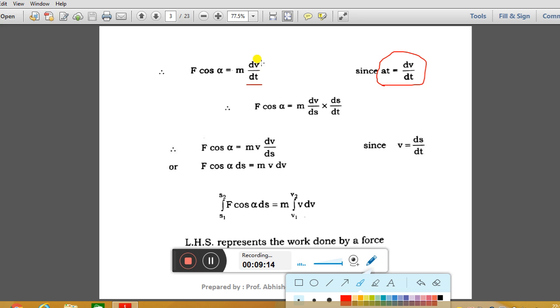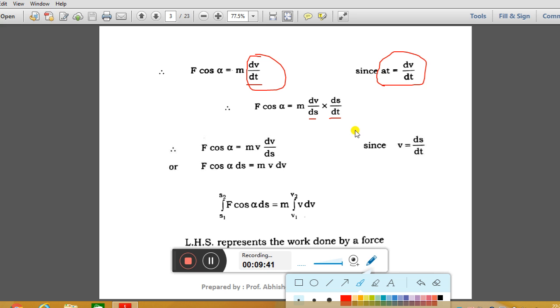Now this dv by dt factor can be written as dv by ds into ds by dt, right? So here ds is the small arc length traveled by the collar in dt time.